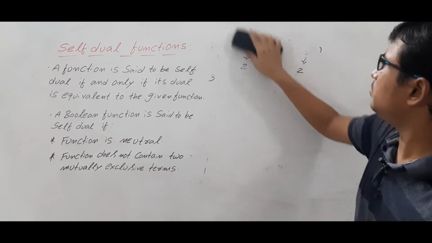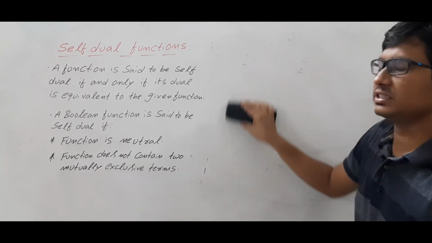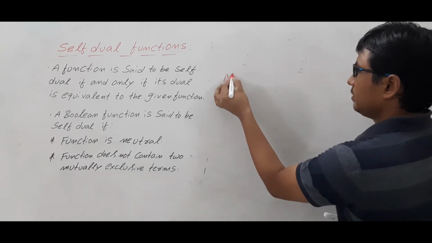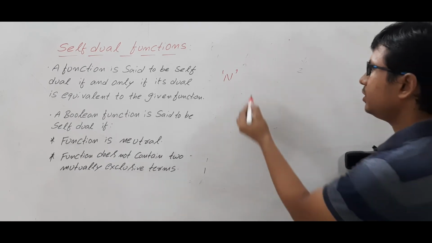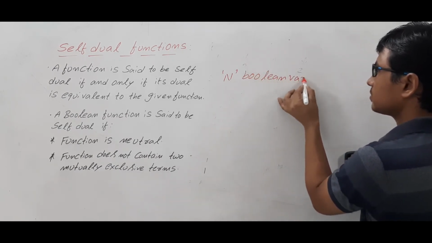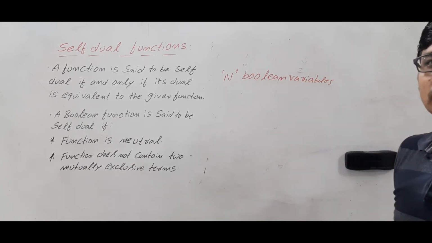If I have n Boolean variables, then how many self-dual functions are possible? If you have n Boolean variables, first tell me how many combinations are possible.